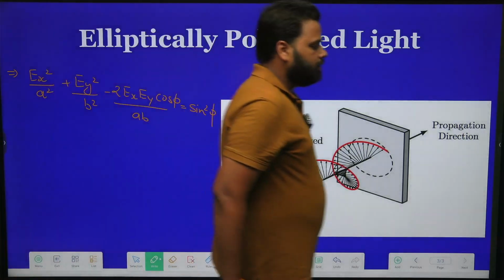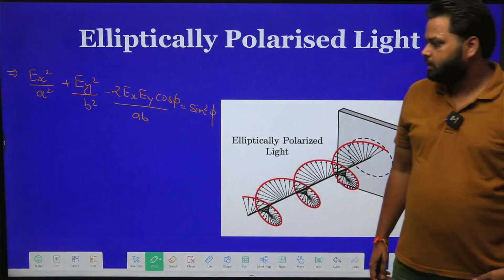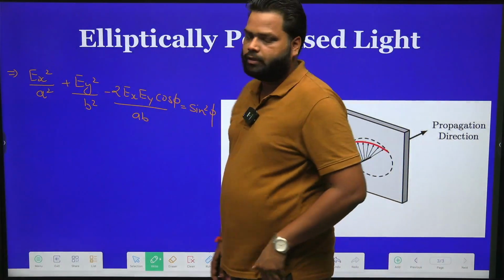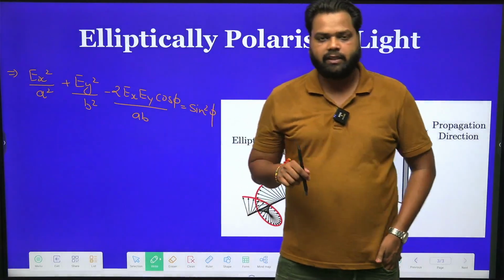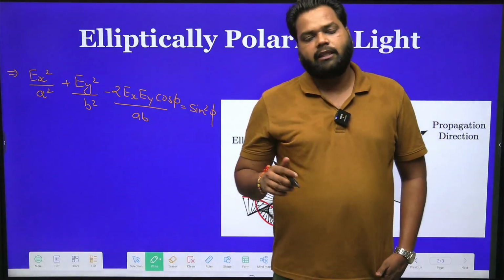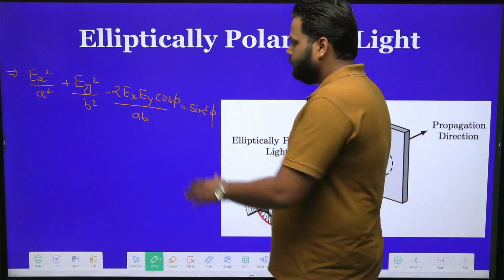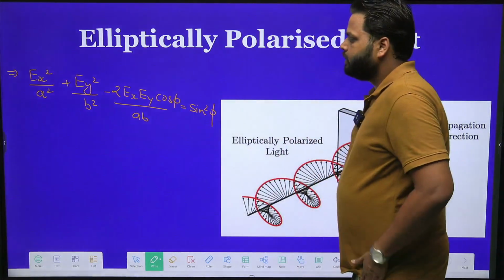So the question is how we have got this expression. I am telling you, just eliminate the time factor from those two equations, the electric field in the x component and the electric field in the y component. Just eliminate the time factor and find the equation of trajectory or the equation of the path. You will get this particular equation.